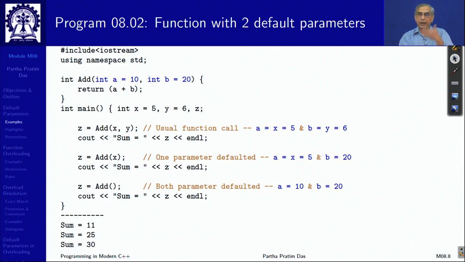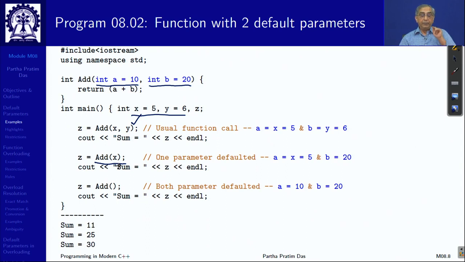Now, let us go a little bit forward. Let us take function with two default parameters, a defaulted to 10, b defaulted to 20, and I can call it with x, y, 5 and 6. It will take as x, 5, a 5, b 6. I can call it with just x, one parameter.